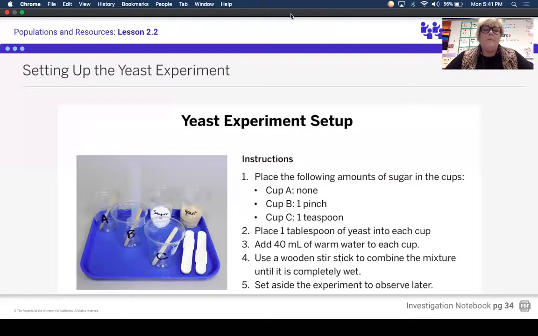So because we saw bubbles, we know that the yeast released energy, but we can't see the yeast. We can see what the yeast did, but we can't actually see the yeast. So we really don't have the evidence yet that they reproduced. Unfortunately, the bubbles aren't the yeast reproducing.